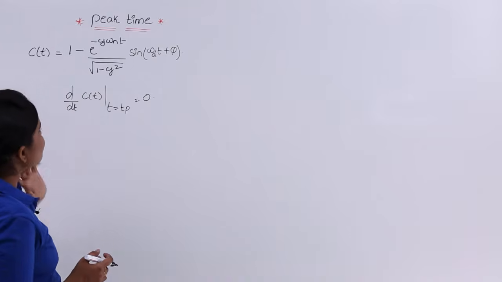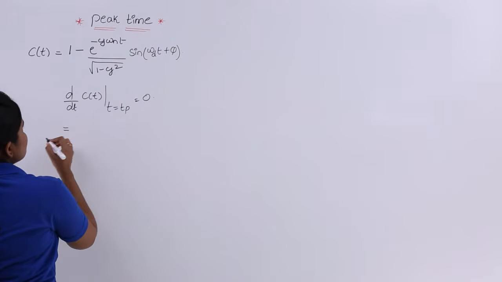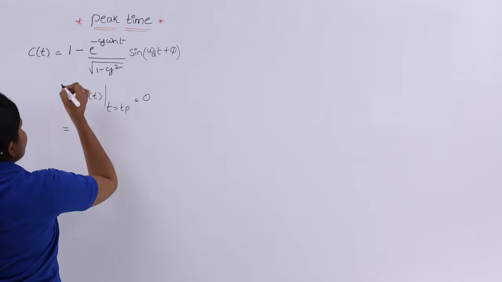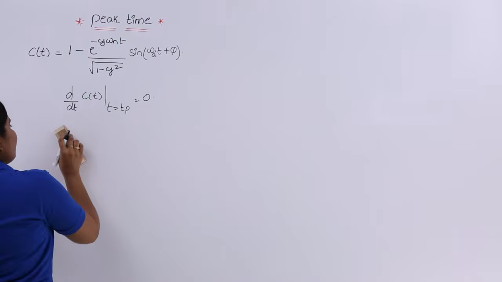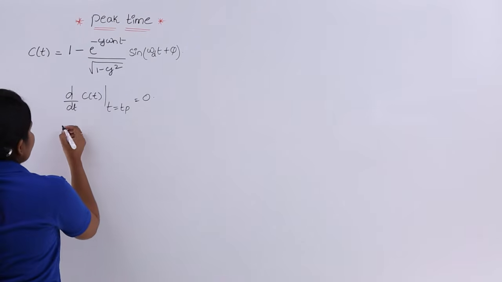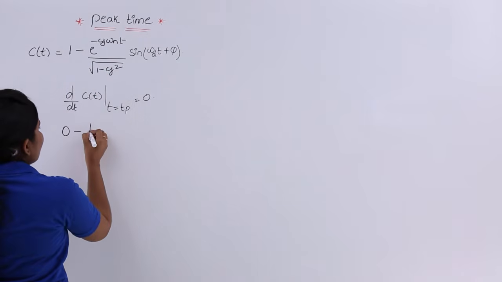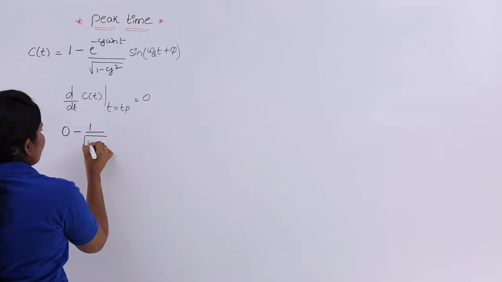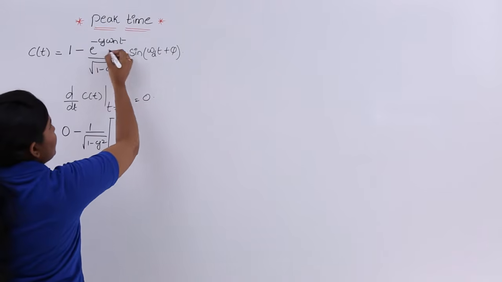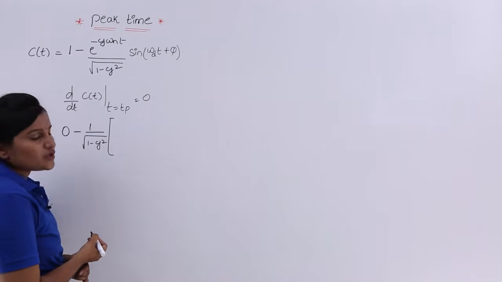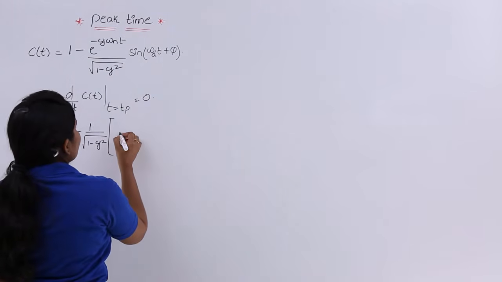I want to do this differentiation now. This is equal to d by dt of C of t, which is d by dt of 1, equal to 0, minus, and here this is a constant, so I am taking 1 minus zeta square as constant. The remaining part uses the d by dt of uv formula. You keep one part constant and differentiate the other.